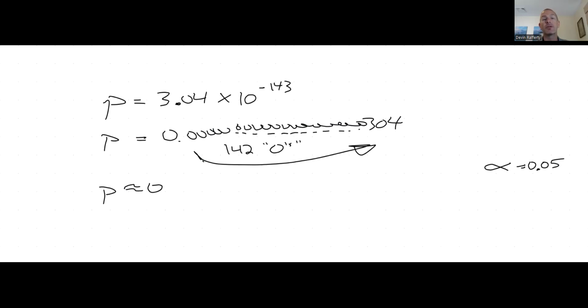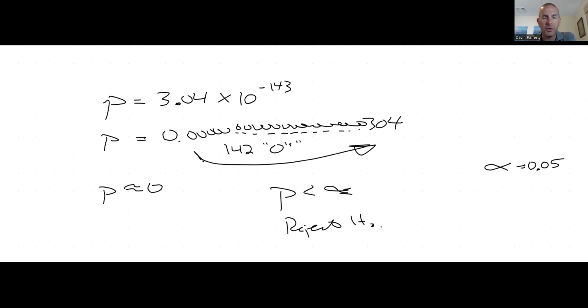Alpha is 0.05, so P is less than alpha. P is much less than alpha, which means that we reject the null hypothesis, and we are very, very confident in rejecting the null hypothesis.